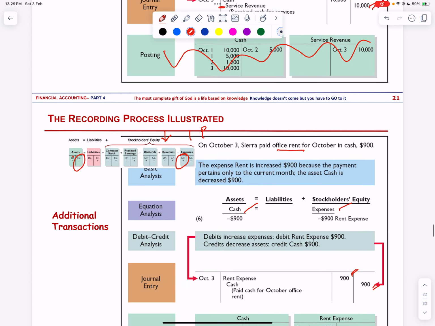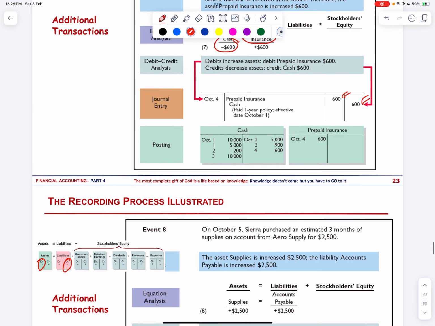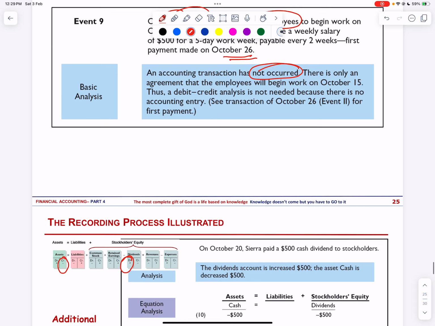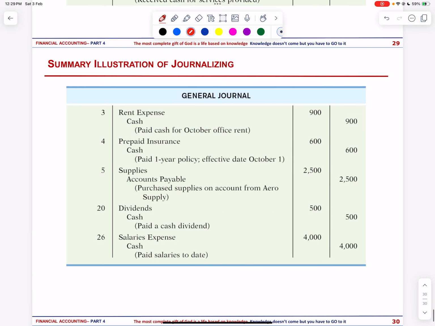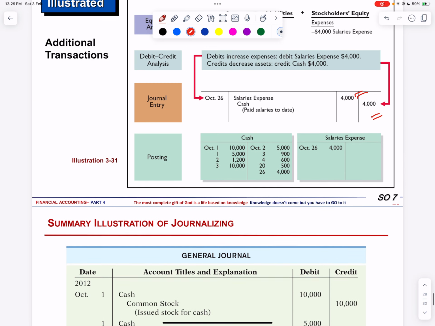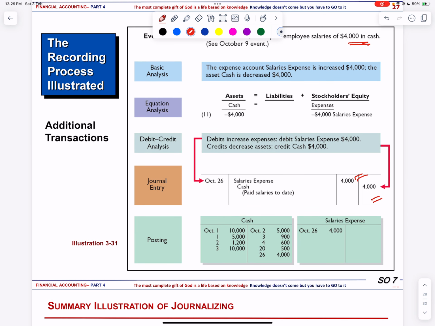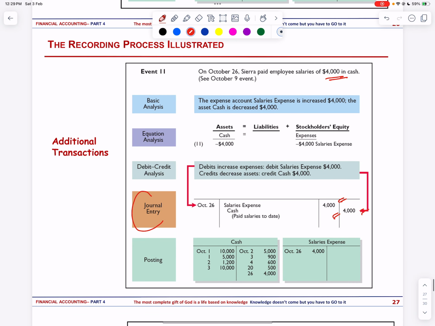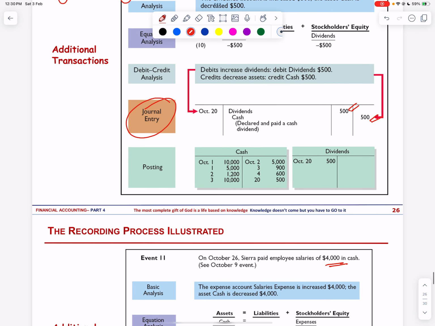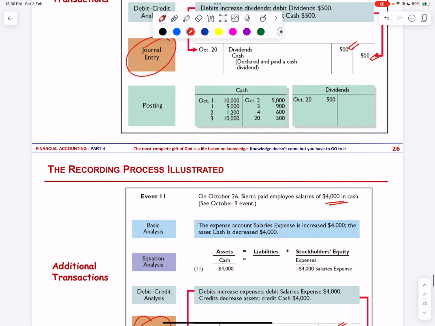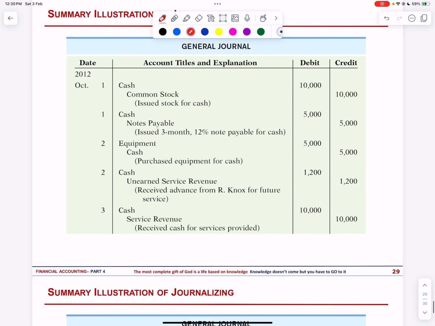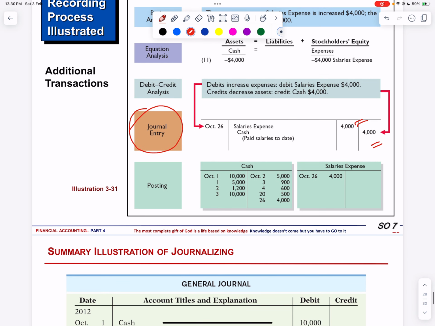So this completes our second video. All these journal entries that we have discussed so far, this is how we are going to do it. This is obviously to explain how we analyze and how we journalize.